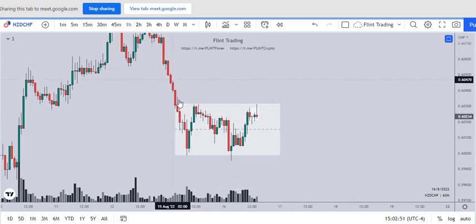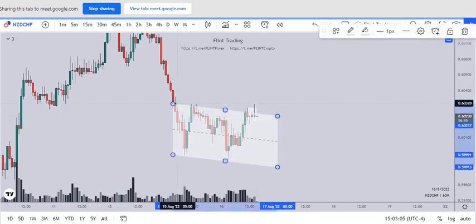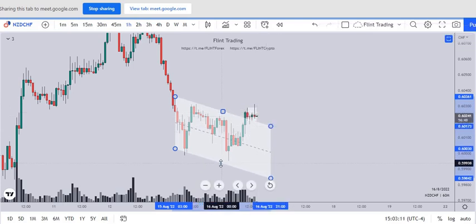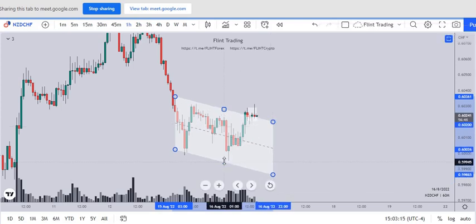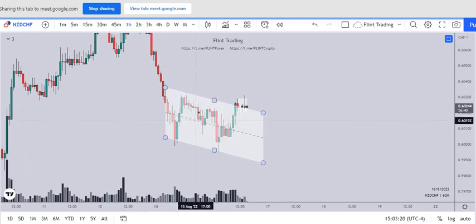Because the momentum is strong, and we can expect another wave to the downside, liquidating these lows again. But as I'm looking for a redistribution, this momentum plays an important part. So I would be looking at the range kind of this way.